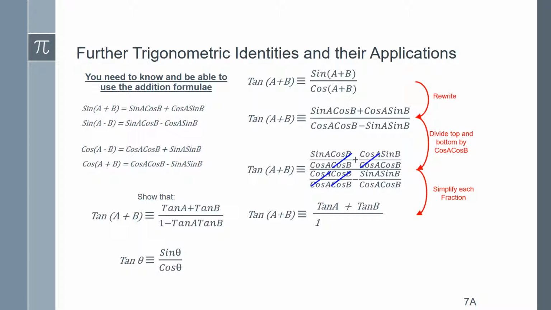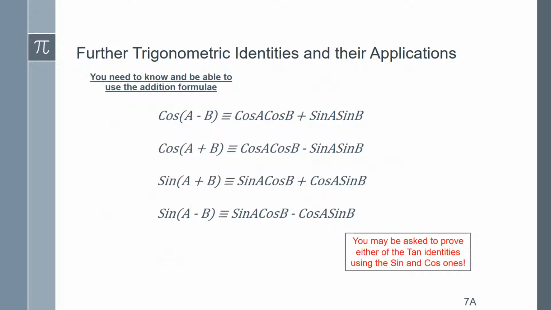And sine A sine B over cos A cos B, well, sine A over cos A times sine B over cos B, that's tan A tan B. So there we go. We've got tan (A plus B) is the same as (tan A plus tan B) over (1 minus tan A tan B).